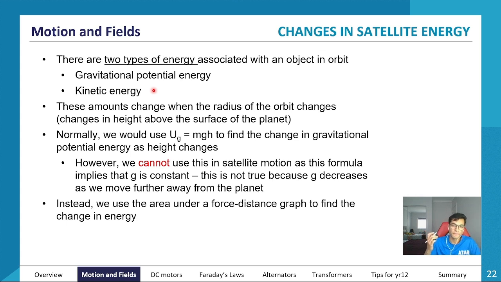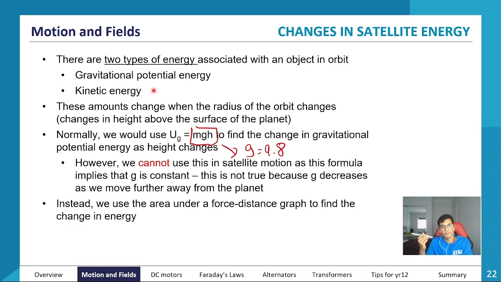And this is probably what you've done in year 11, where we use this formula where gravitational potential energy is equal to mass multiplied by g multiplied by h, where g is usually 9.8. g is your gravitational field strength, and at the surface of the Earth, it's usually 9.8, or more specifically, 9.81.